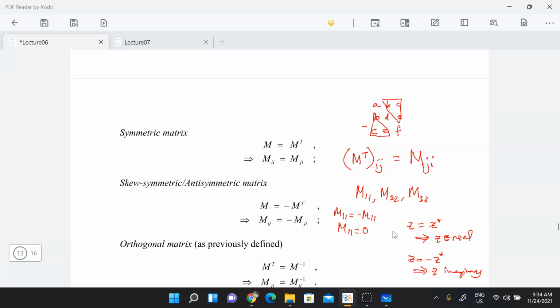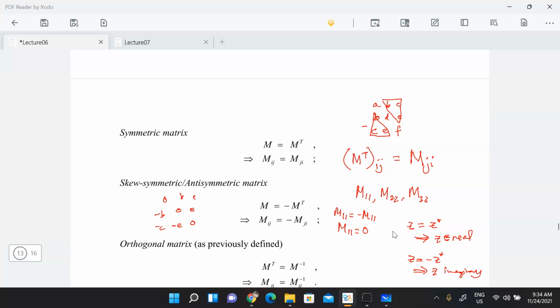So in other words, your skew symmetric matrix over here should have a zero diagonal. Here is B, C, E again, and this is minus B, minus C, minus E here, but along the diagonal it has to be 0. Okay.